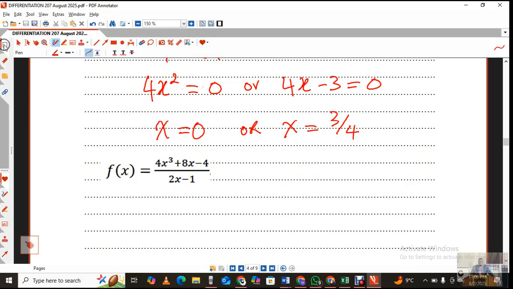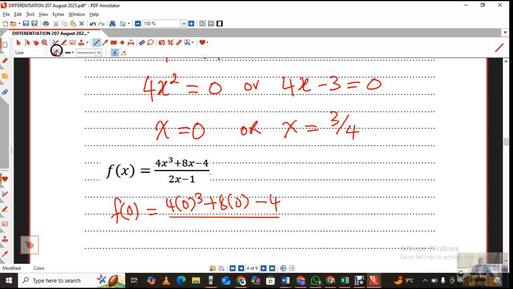Now that I have my x values, I need to find the coordinates, because it says coordinates, remember. That means we have to substitute our x values back into the function so that we can find the corresponding values of y. So when x is 0, that is going to be 4 times 0 cubed plus 8 times 0 minus 4, all of this over 2 times 0 minus 1.